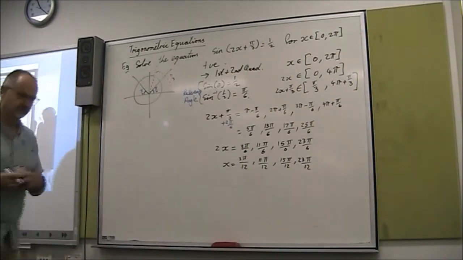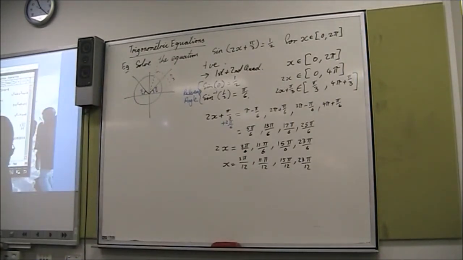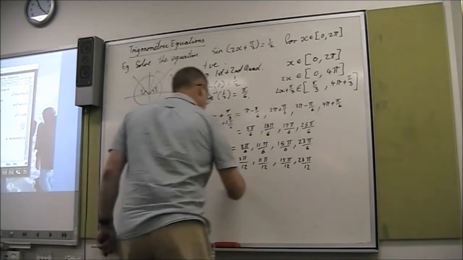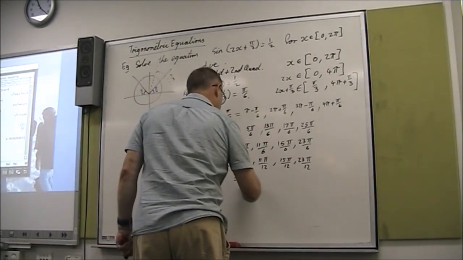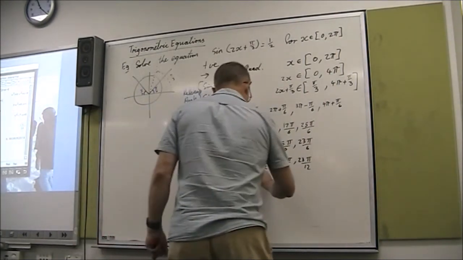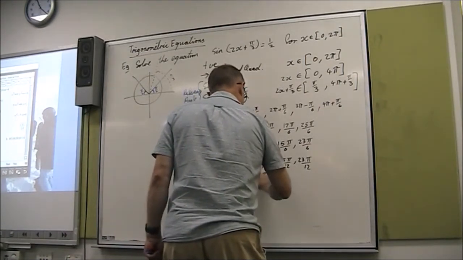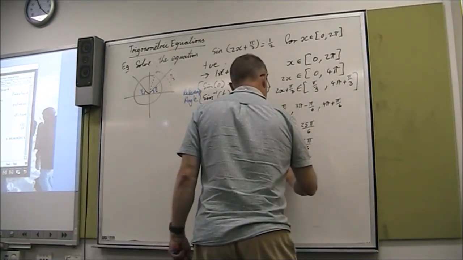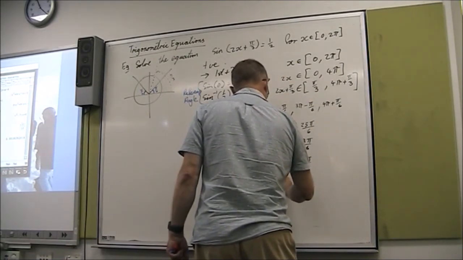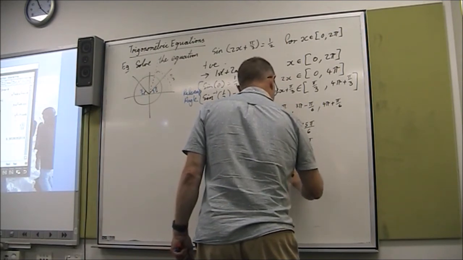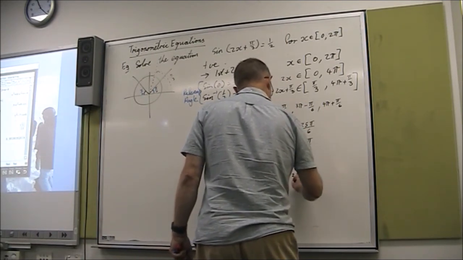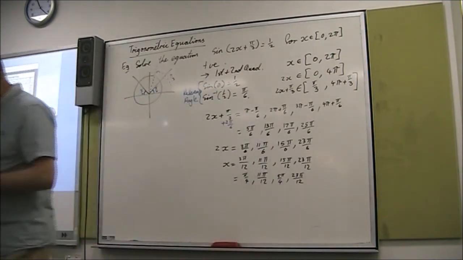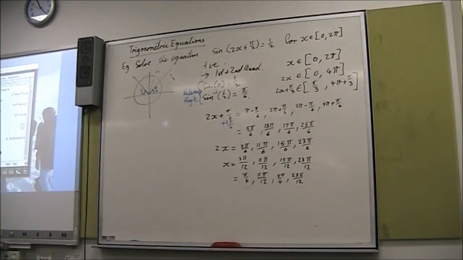At this point, cancel down what you can. On 4, I think that one is. 11 pi on 12, nothing you can do there. 15 pi, 5 pi on 4, and nothing we can do there. There's our 4 answers. Alright, bit of mucking around.